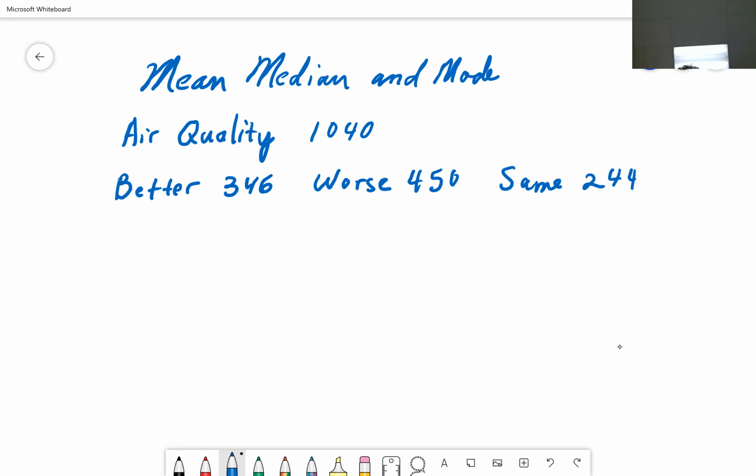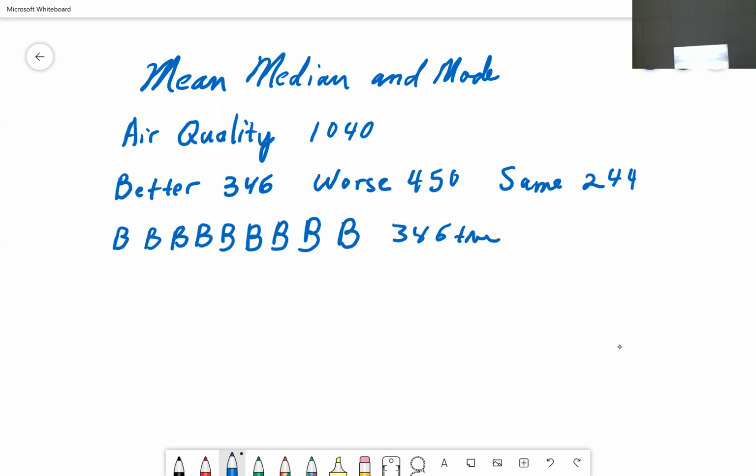This data means this. It means better, better, better, better, 346 times. It means worse, worse, worse, worse, worse, 450 times.